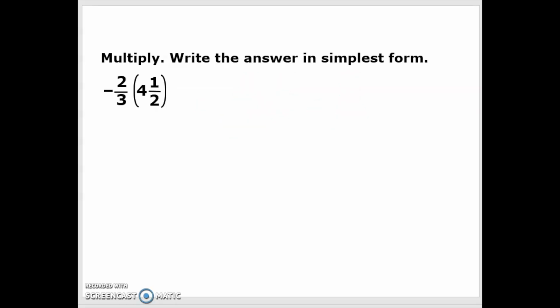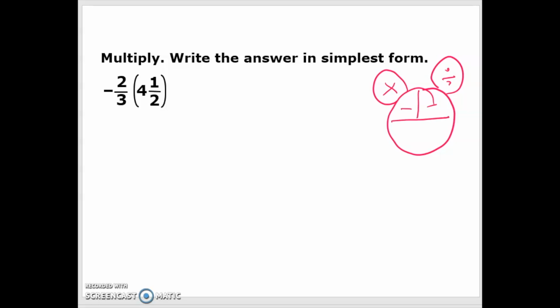All right, now let's look at one that has a negative in there. So we've got negative 2/3 times 4 1/2. The only difference that the negative makes is now we need to think back, chapter 1 again, to our Mickey Mouse for multiplying and dividing. Remember, he helped us figure out what was going on. So we look at what our problem has.